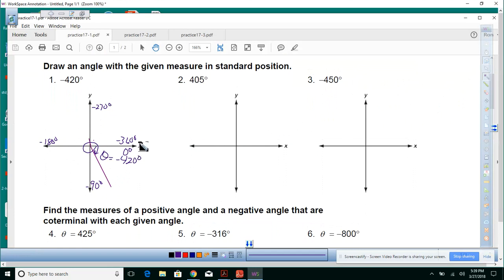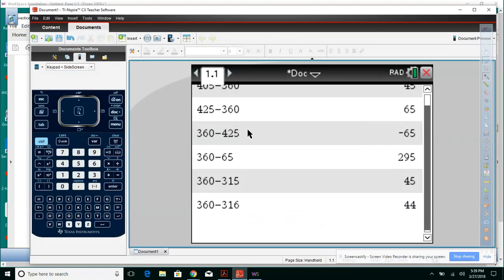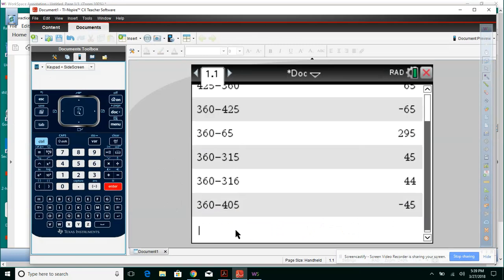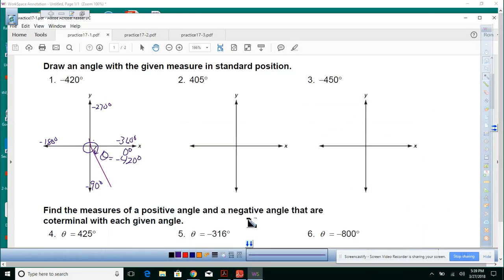405 degrees. Okay. Negative, we went clockwise. Positive, we're going to go counterclockwise. So let's see here. 360 minus 405. That's going to be 45 degrees. Okay, so 45 degrees is going to be halfway between 0 and 90.